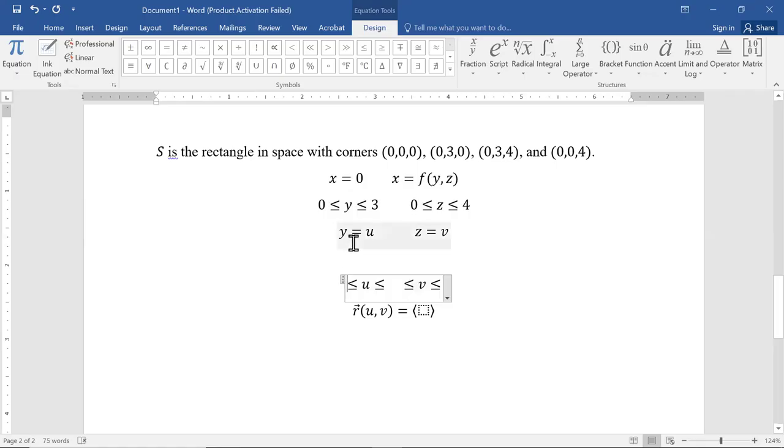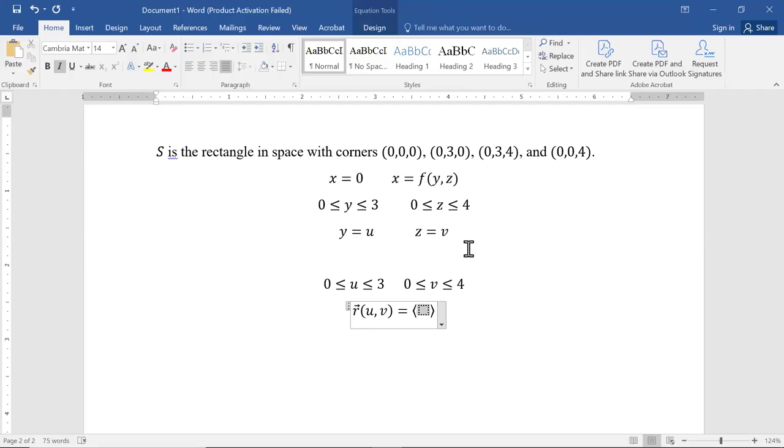So what's going to happen, since y is equal to u, y had those numerical bounds, we'd say u is going to go from 0 to 3. Since z is equal to v, we know z and v are going to go from 0 to 4. Now x is this really basic function. X is going to be 0, the constant function of 0. Y is going to be u, and z is going to be v, the x, y, and z components, that is.